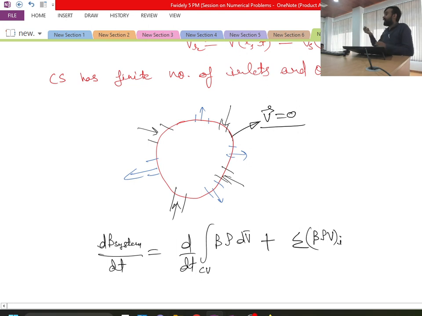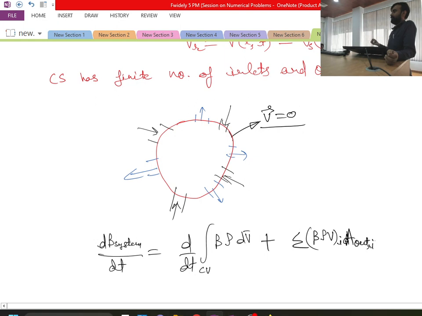I, say I is my index for the number of, yes, I am talking about the ith outlet over here. And here I will be considering A out, the area of that ith outlet.